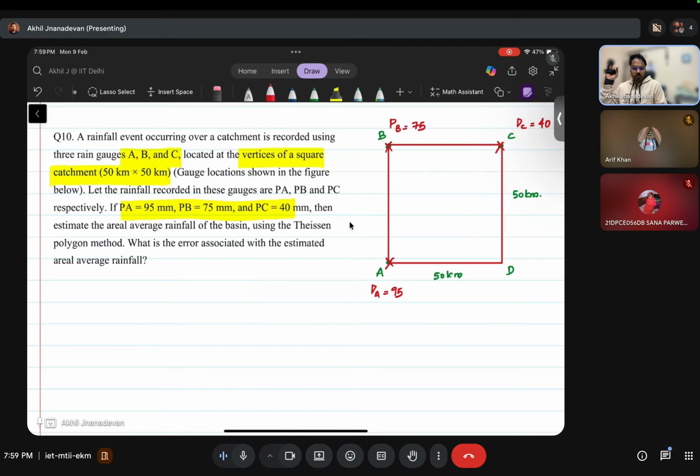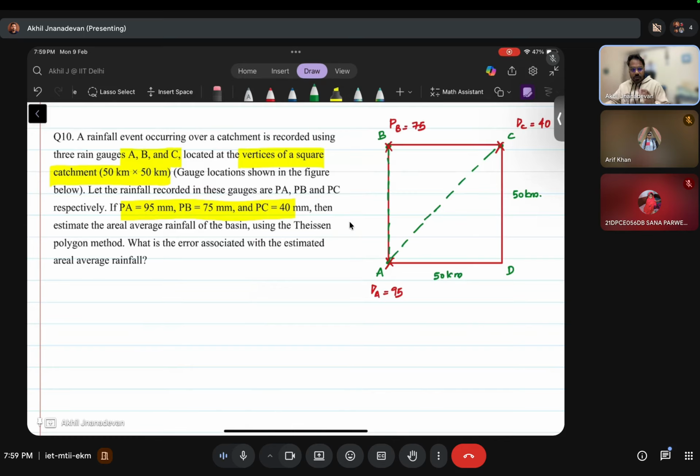So basically we need to join each of the rain gauges with straight lines. The only thing we have to join is AC.